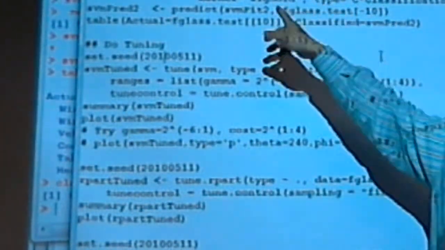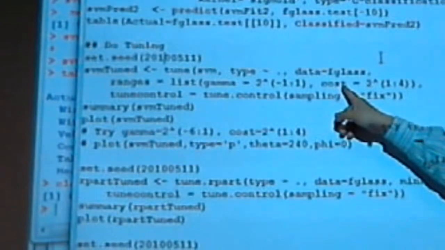And the cost combined with that will be 2 to the power of 1 to 4. So here these would be the tuning parameters, and this is still the radial basis function, the default. So let's do this. Look at the summary. Also look at the plot.